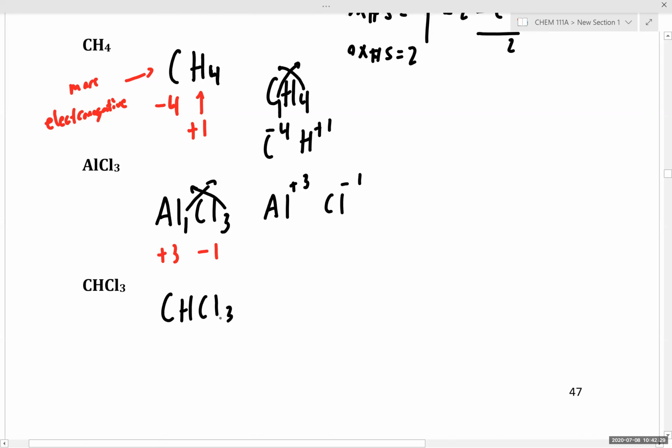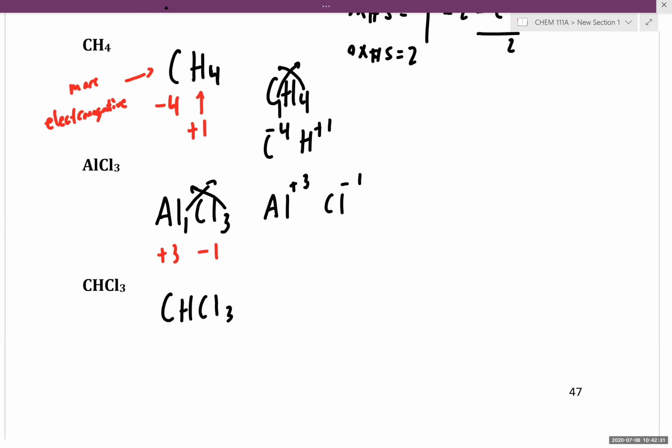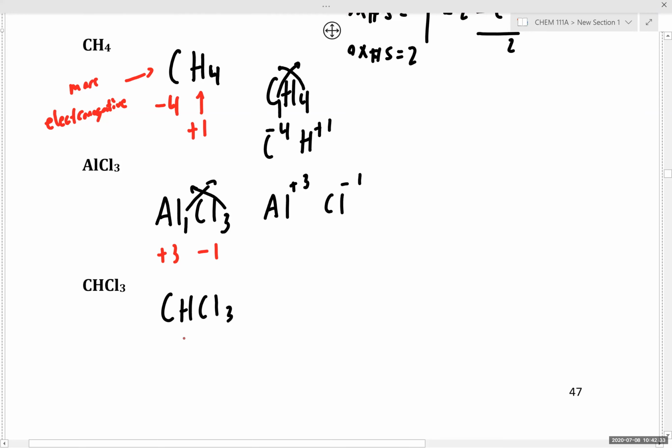Let's assign all of the easy oxidation numbers first. Hydrogen, what is the oxidation number of hydrogen in this case? +1, yep. Exactly right.